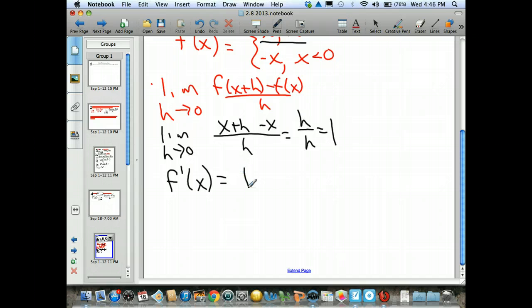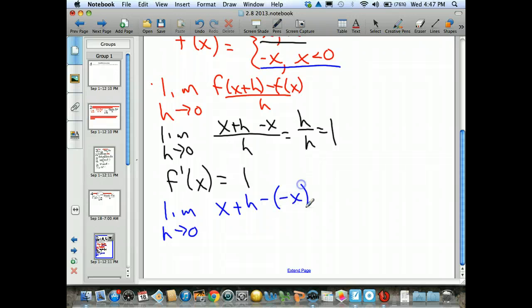Now, as you might have guessed already here, look what happens for the bottom piece here when we're opposite of x, when x is less than 0. We get the limit as h approaches 0 of x plus h minus opposite of x.